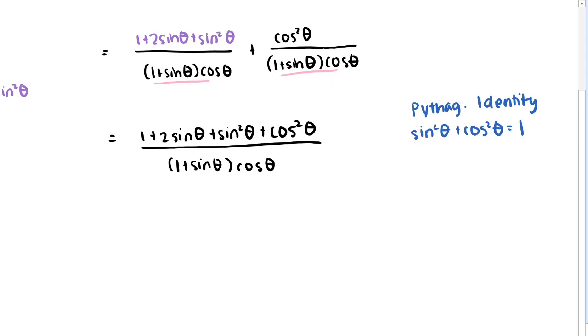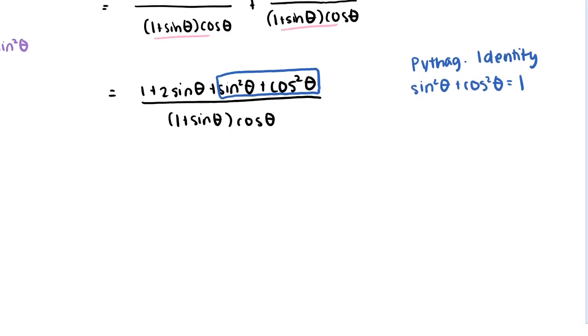And so here, I notice that I've got this sine squared of theta plus cosine squared of theta, this relationship that the sum of these two equals 1, actually helps us out quite a bit in this expression. We have 1 plus 2 sine of theta plus 1. That quantity always equals 1.